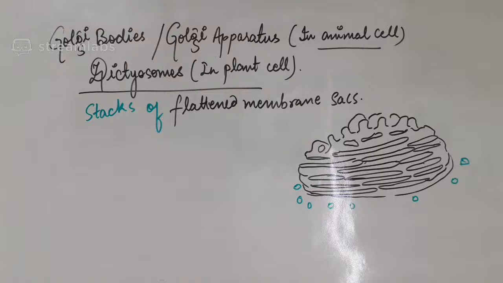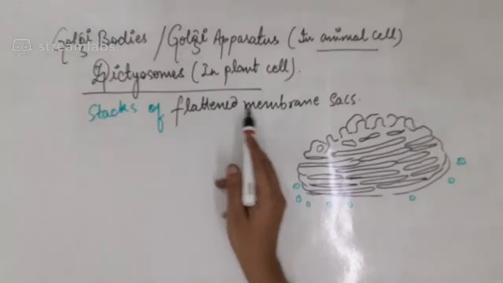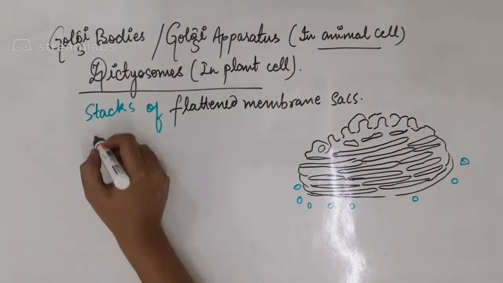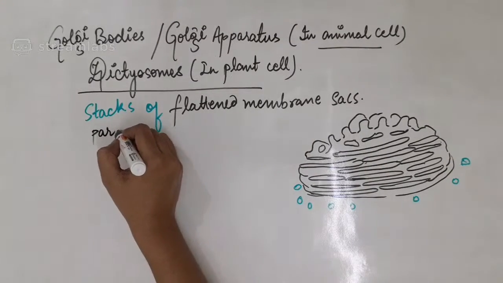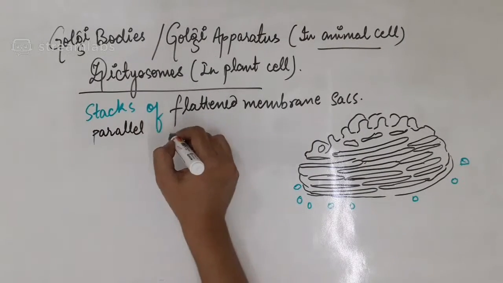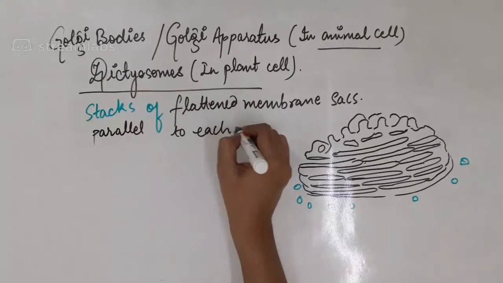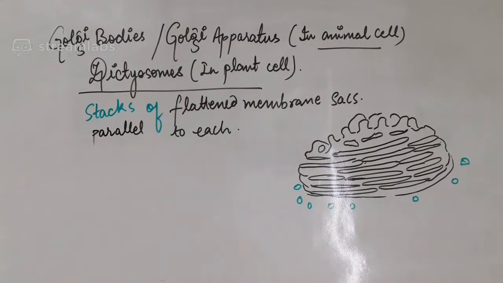The Golgi bodies are the stacks of flattened membrane sacs, and these run parallel to each other in plant cells.